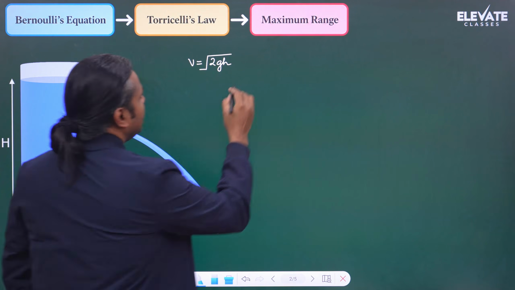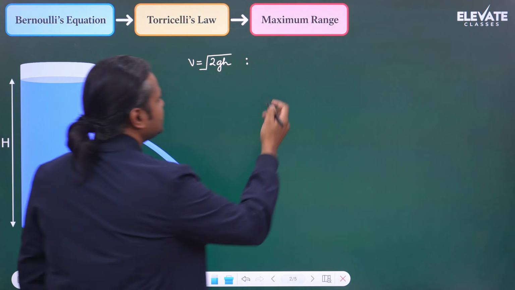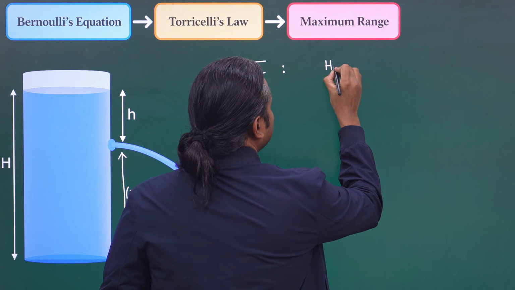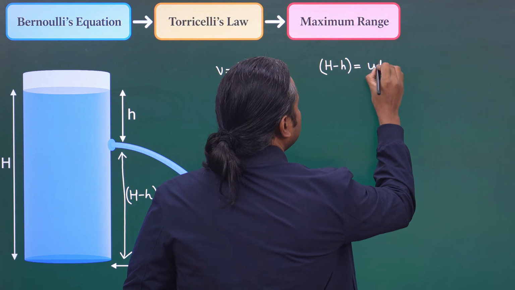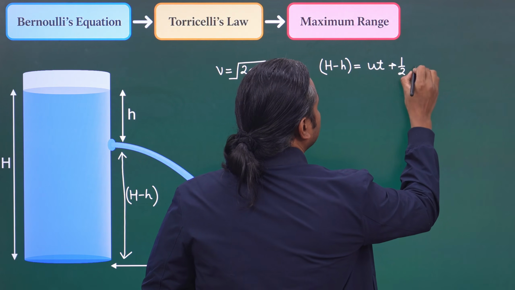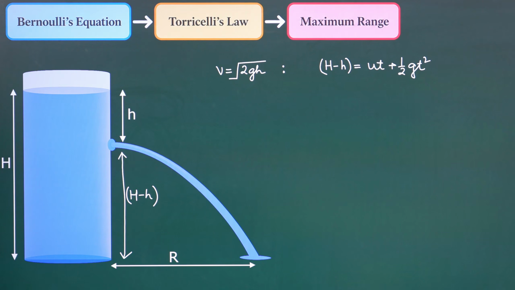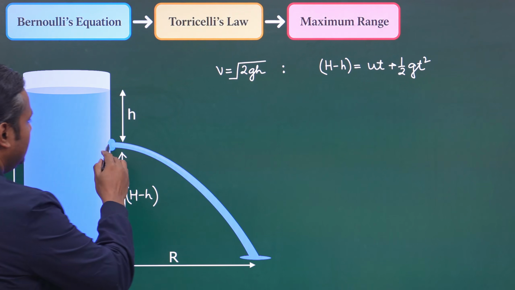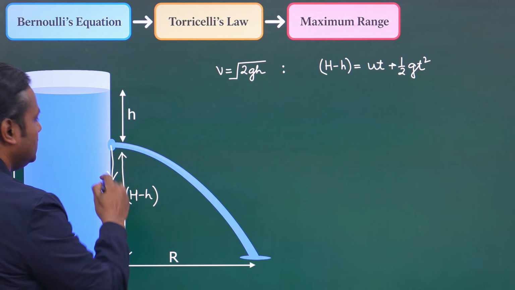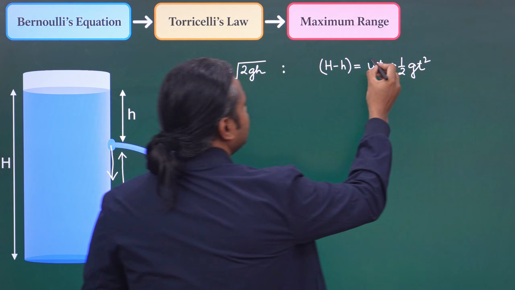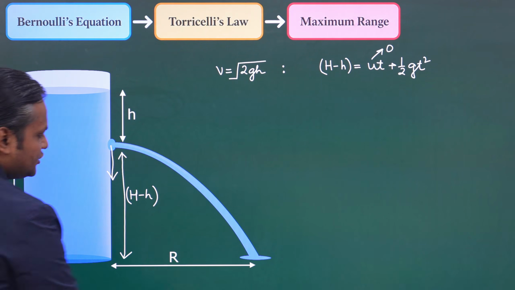So then we can simply use equations of kinematics. So distance, capital H minus small h, is equal to ut plus half gt square. Just a simple kinematics equation, right? Because what is the initial velocity in the vertical direction? The initial velocity in the vertical direction is 0.